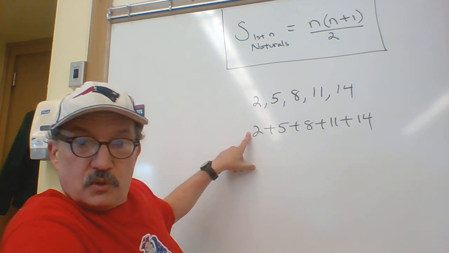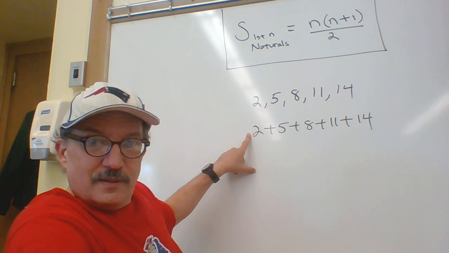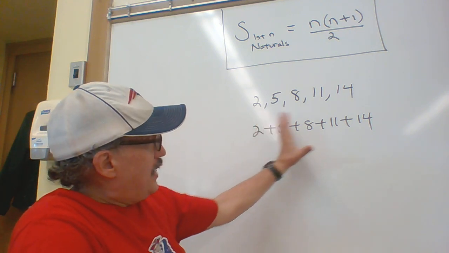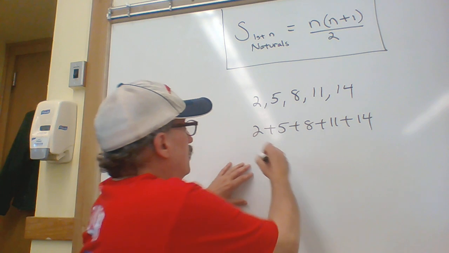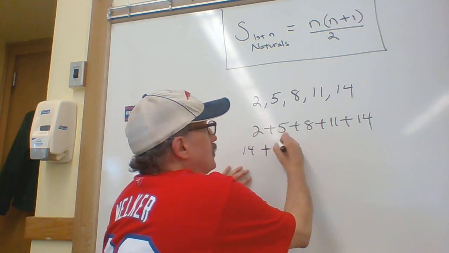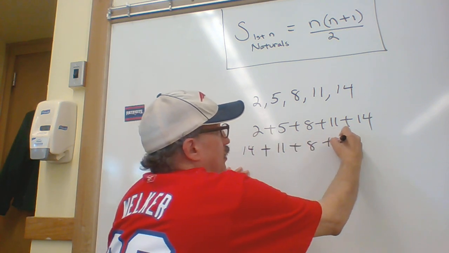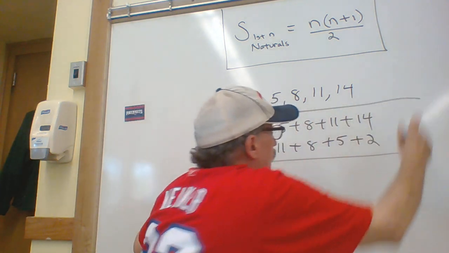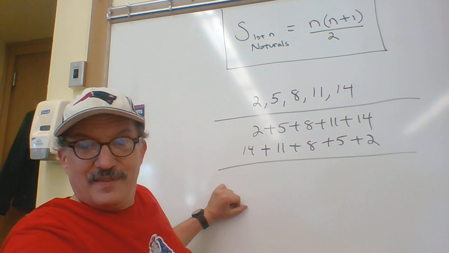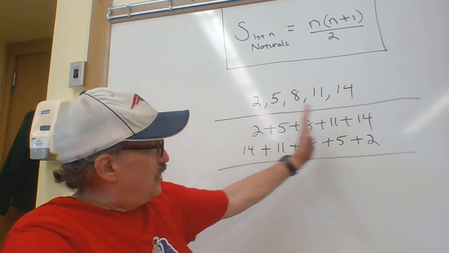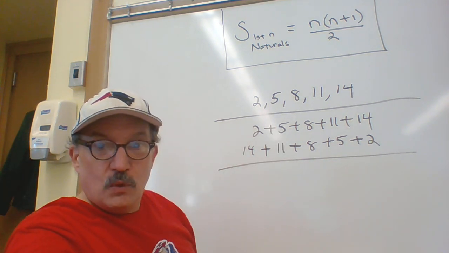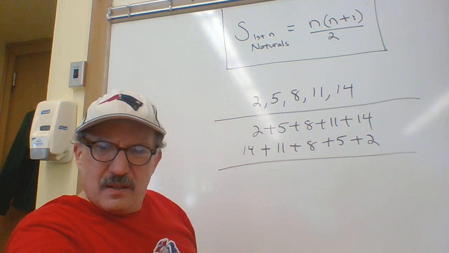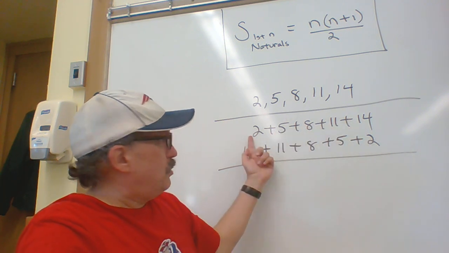Okay, let's approach it the same way that Gauss did. Let's write this sum backwards. 14 plus 11 plus 8 plus 5 plus 2. And add, term for term. You can see that all of the terms add up to 16, which, by the way, is 14 plus 2.